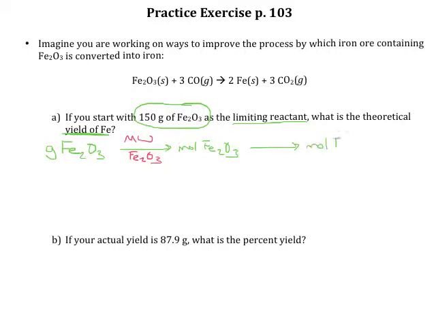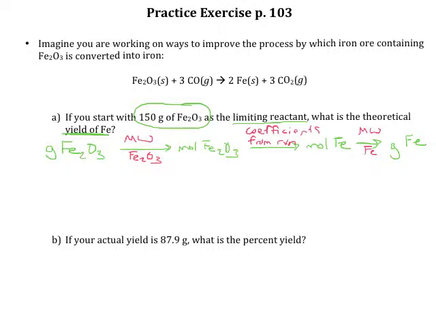So I'm going to change it from moles of iron oxide to moles of just iron using the coefficients from the reaction. You need to have a balanced reaction, so always check and make sure your reaction is balanced before you use the coefficients. And then with a theoretical yield, I typically do this in grams. So I'm going to change my moles of iron into grams of iron, again using the molar mass or molecular weight from the periodic table, and that is going to be just for iron.